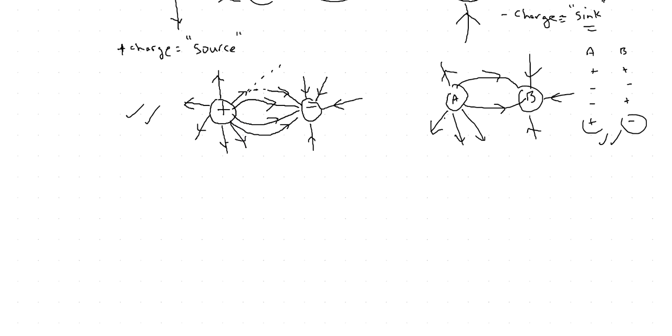Okay, suppose I have a positive charge and another positive charge. Okay, well, we know like things don't like each other, right? So opposites attract, like repels. So these lines go like this, right? These lines are going out, going out, going out, see?